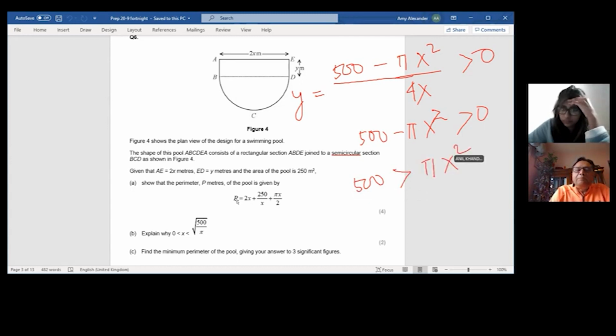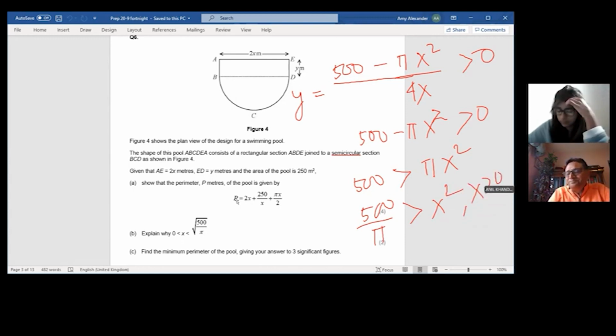So you can divide by pi, and you get 500 over pi is greater than x squared. Now, since x is greater than 0, we can square root it. Otherwise, it will be the absolute value of x.